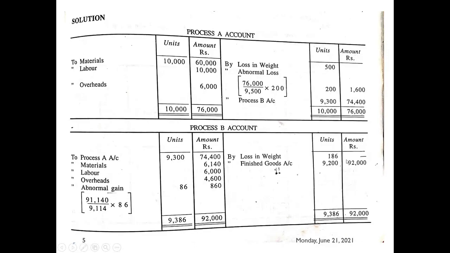So there will be nothing, minus 0, divided by the unit 9,300 minus 186 normal. So it will be 9,114 into 86. So the amount will be 860. Now you close the amount column. So 92,000 at the rate of how much? 10 per unit. So you see, check it: 86 into 10 is 860. So in this way process B account is prepared.